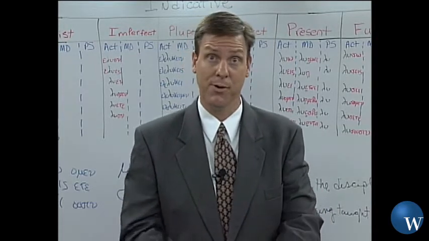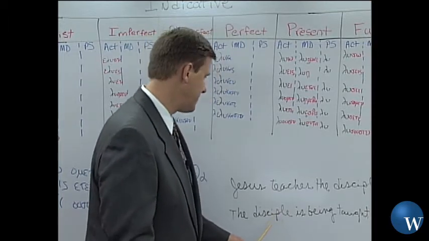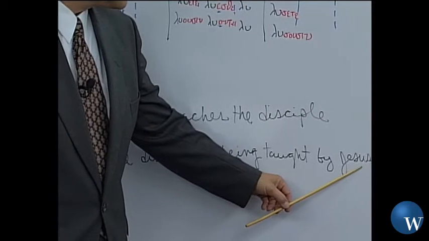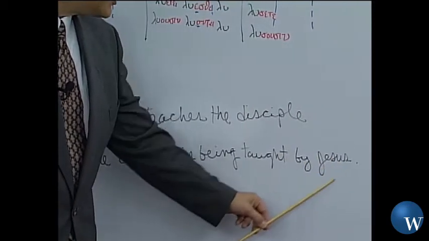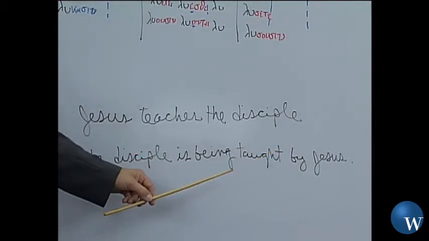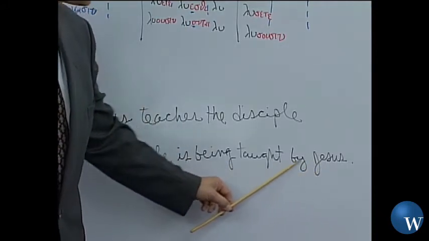Now, if we go to the board, I want you to remember this sentence. The disciple is being taught by Jesus. Jesus is the agent here. He's the one that is producing the action of that verb, and the action of it is coming back upon the subject of our sentence, the disciple. So that's what we mean by agency.